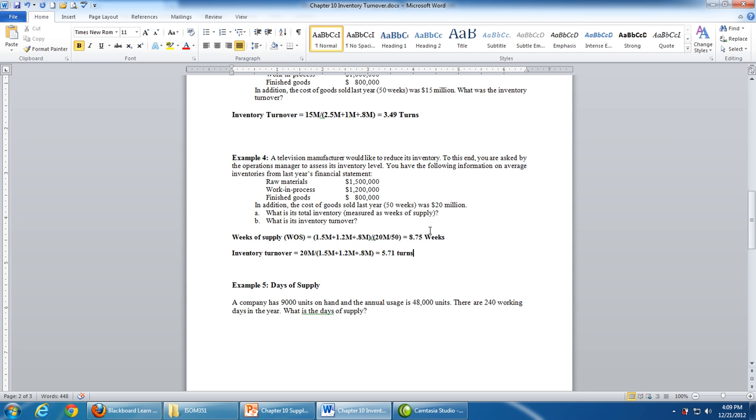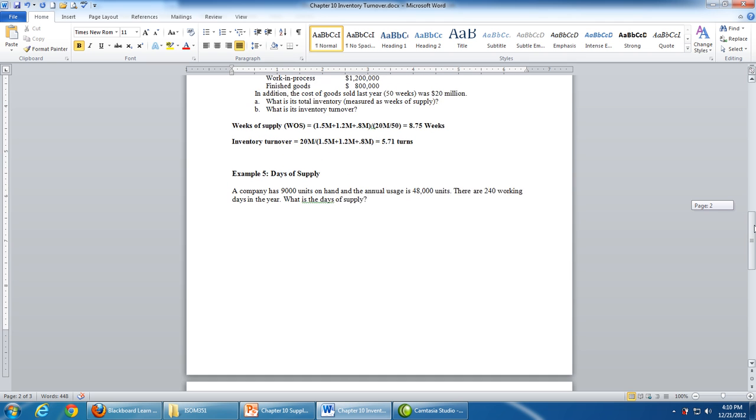The inventory of televisions they have will last about 2 months, and every year the inventory turnover is about 6 turns, meaning that the organization has on average about 2 months per 1 turn. Not a very good sale there.